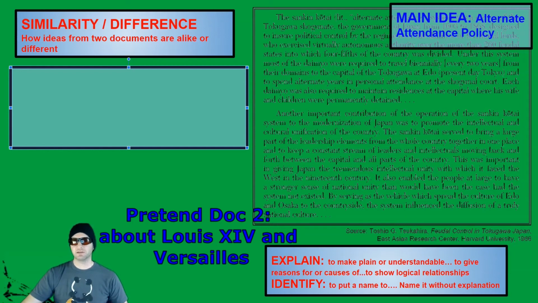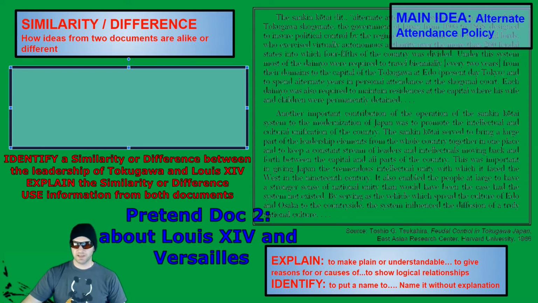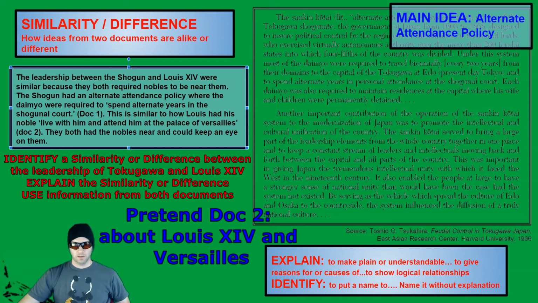And then we can easily do a similarity between the two documents. And so identify a similarity or difference between the leadership of Tokugawa and Louis XIV. Be sure to use information from both documents.